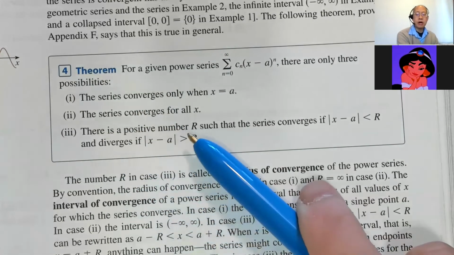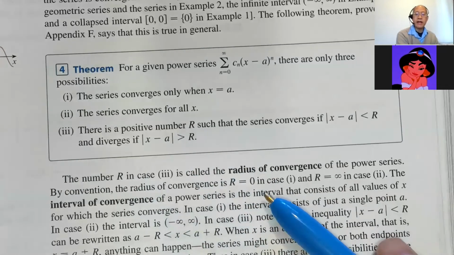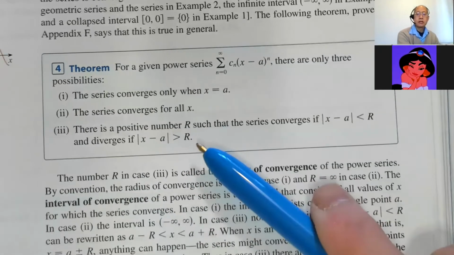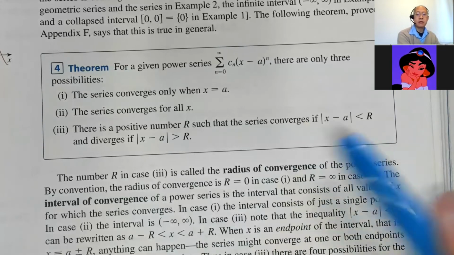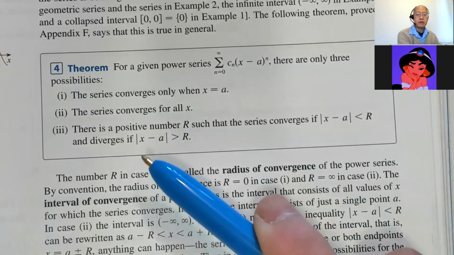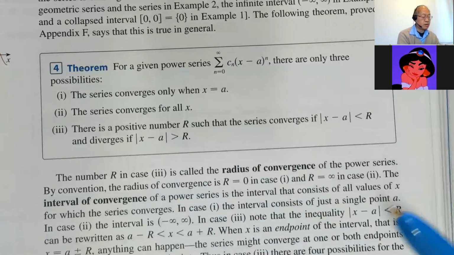There is a positive number r, called the radius of convergence, such that the series converges if the absolute value of x minus a is less than r, and diverges if the absolute value of x minus a is greater than r.